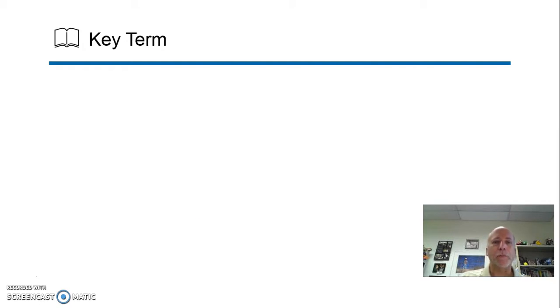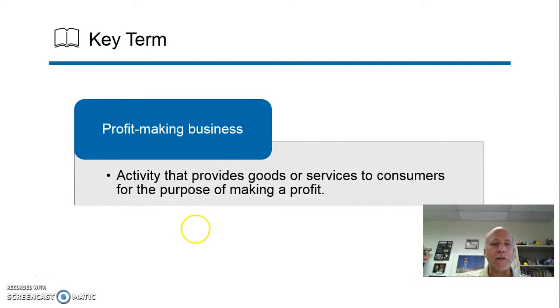So a key term that we want to start with discussing is a profit-making business. A profit-making business is an activity that provides goods or services to consumers for the purpose of making a profit.